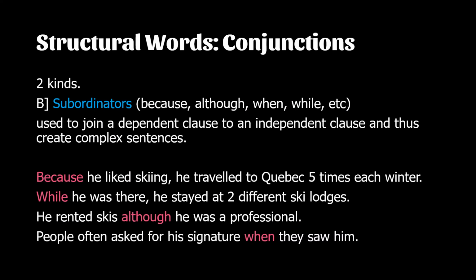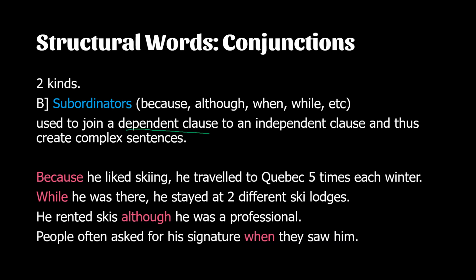The other type of conjunction are called subordinating conjunctions. Subordinating conjunctions are used at the clause level. So they join two different clauses together. The clause that contains or begins with the subordinating conjunction is going to be the dependent clause.